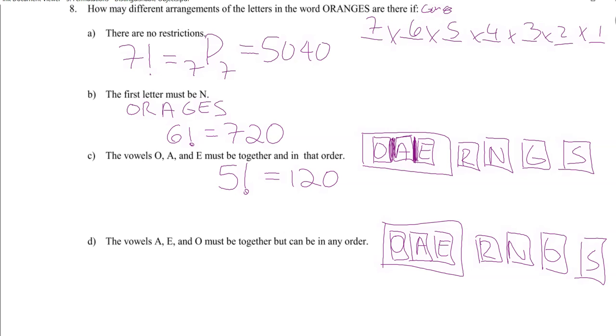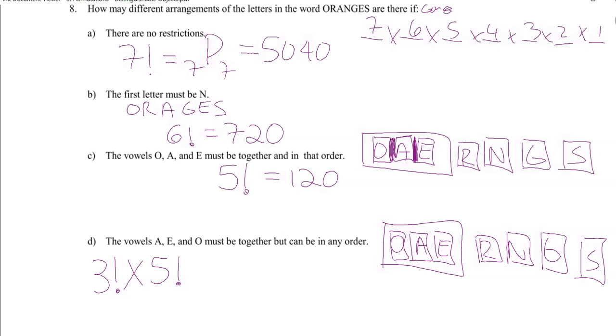Okay, well, including this super tile, I've got 1, 2, 3, 4, 5. That can be done in 5 factorial ways. But on this tile, how many ways can I arrange these guys? 3 factorial ways, right? So we're going to go with 3 factorial times 5 factorial.